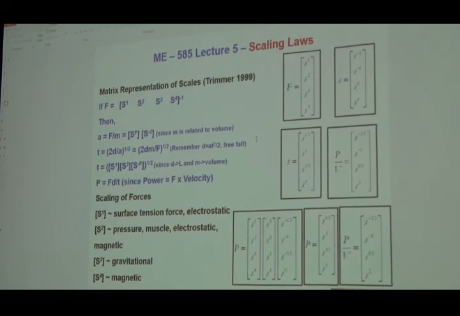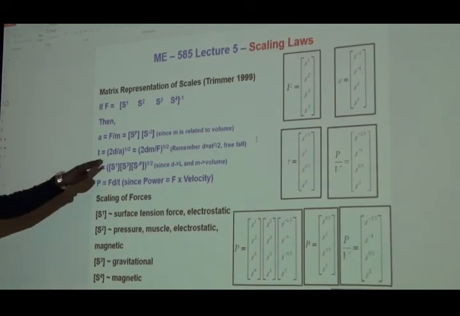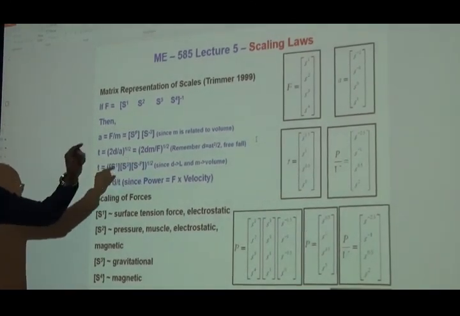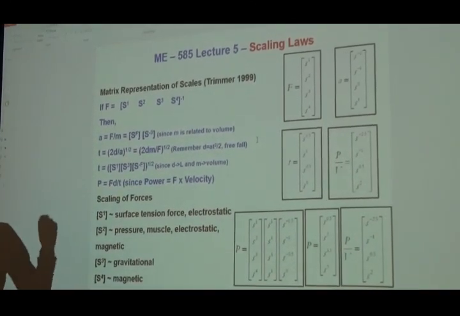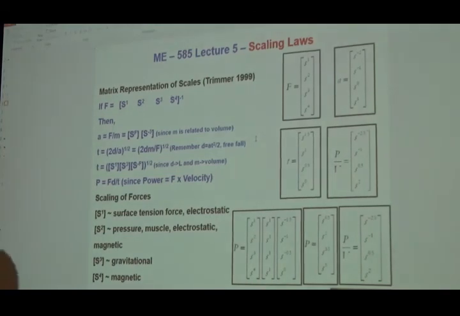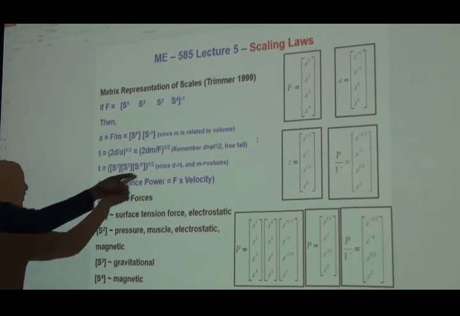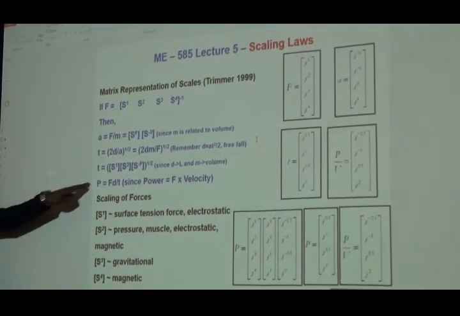No complication here. Essentially what I'm doing is, I have the formula, and we turn each of these magnitudes to the appropriate scale. And if you do that, then it turns out time will scale in this format.